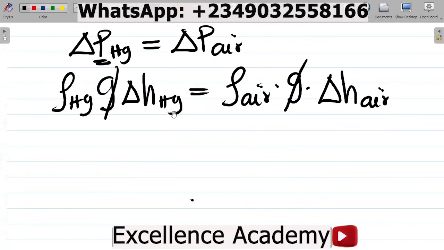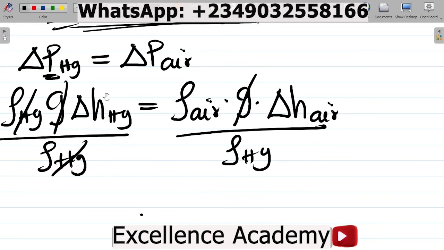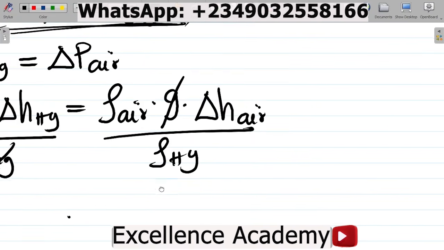We divide by the density of mercury. So our formula is the fall in height being equal to density of air times change in height of air all over density of mercury.